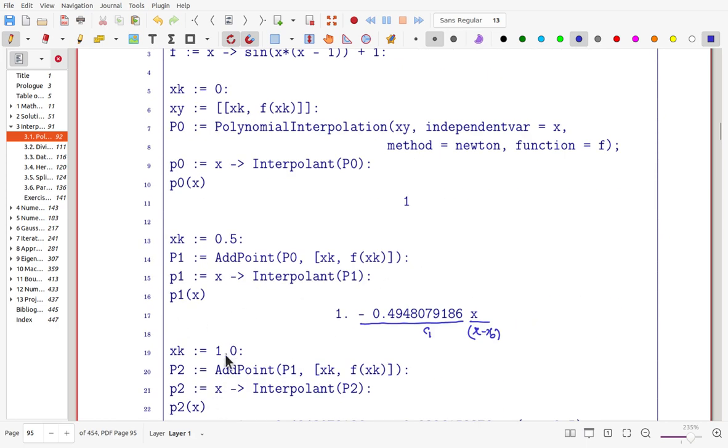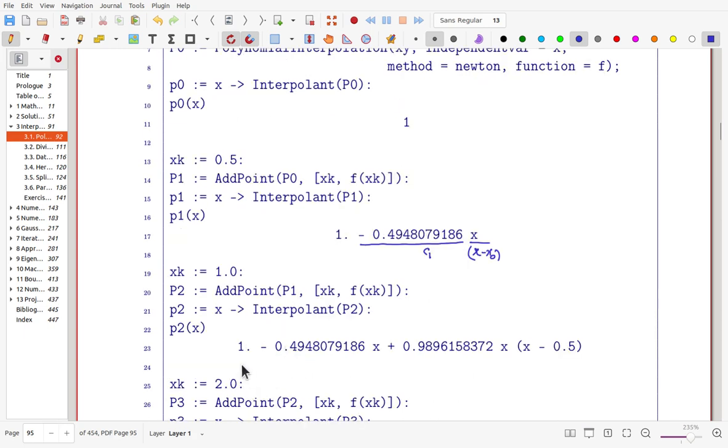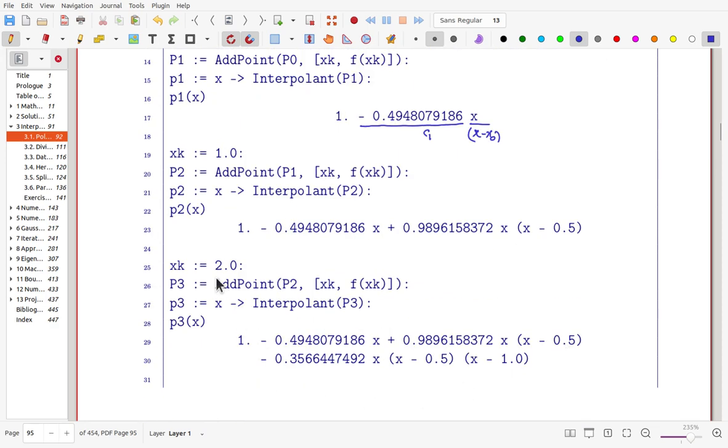Now x2 is added. Then you can see here now that is c0, c1(x minus x0), and c2(x minus x0)(x minus x1). Now we are adding x3, y3 to get here now a third order polynomial. That is now an extra term, right?